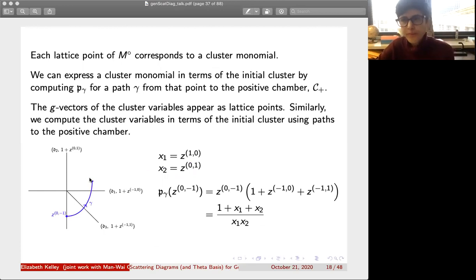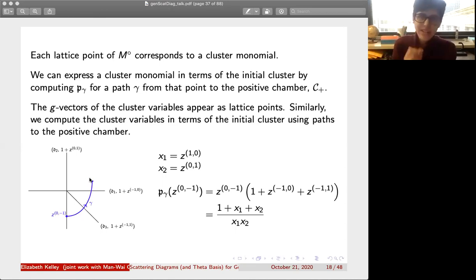And so you might ask, why are we playing this game? Well, the reason we're playing this game is because this gives us information we care about in cluster algebras. One thing we often care about in the cluster algebra world is something called a cluster monomial, which is just a monomial in terms of the cluster variables, so any product of the cluster variables.